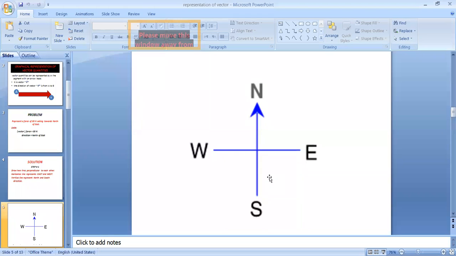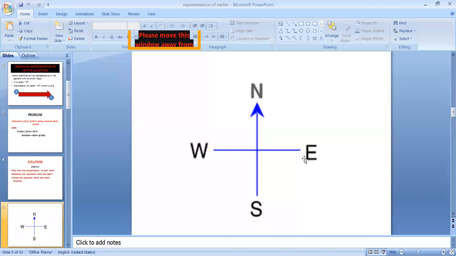Do you understand x-axis and y-axis? This is your x-axis and this is your y-axis. And if you see this north and this east, both are perpendicular to each other. They are making a 90-degree angle. If you put the angle here, you measure that this angle will be 90 degrees. Okay, clear?